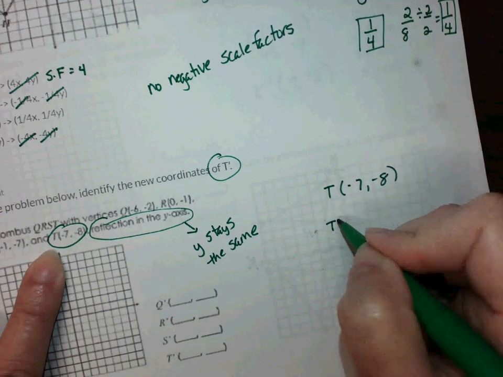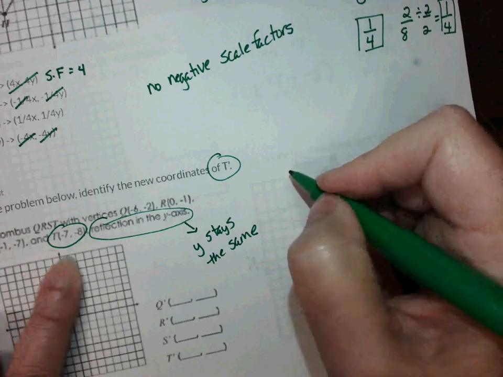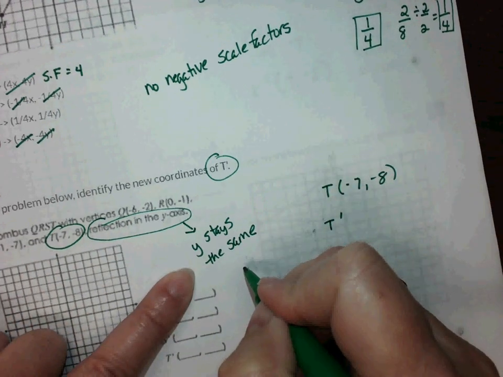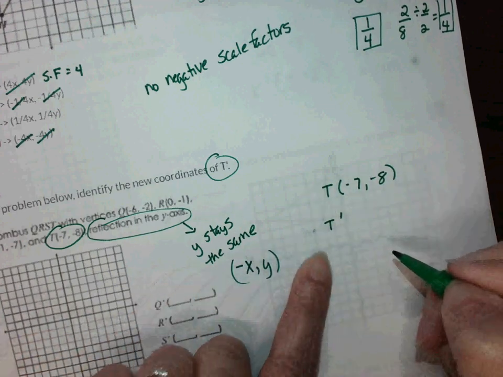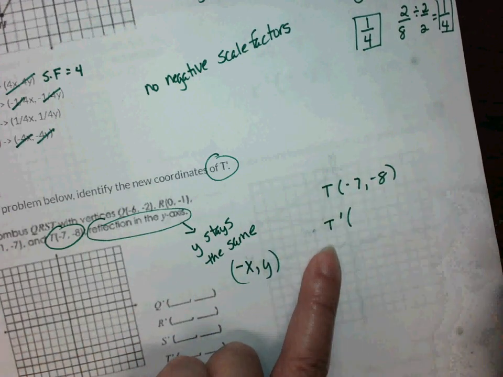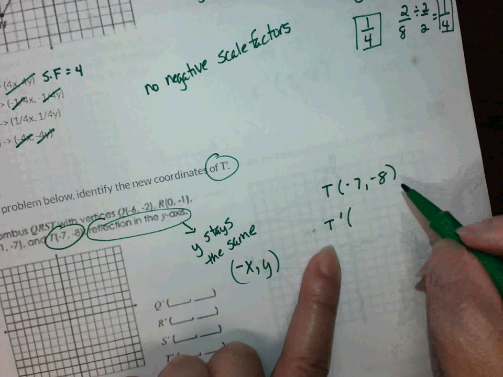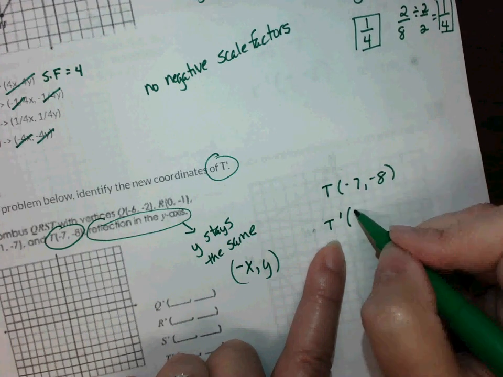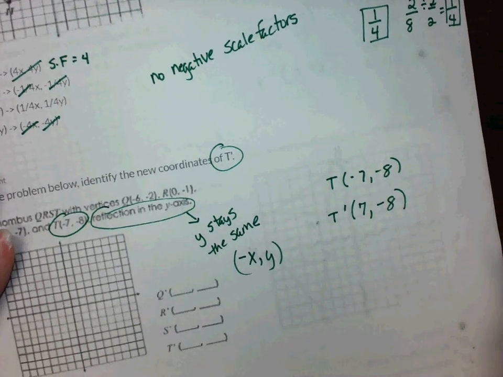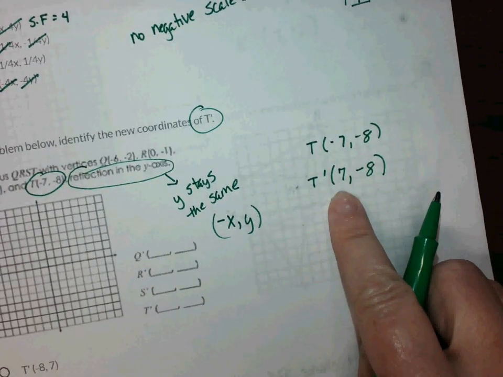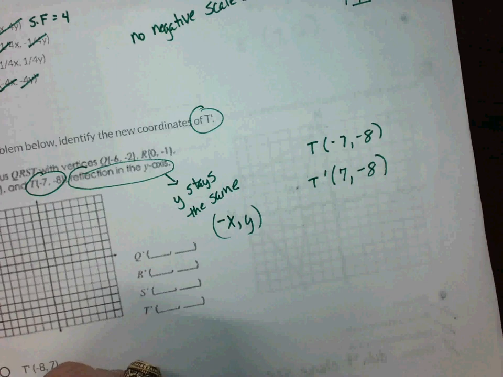T prime, remember your rule would be that the y stays the same, the x goes negative. So this is my rule. When I say the x goes negative, I mean it has to change signs. So the x has to change to a 7, and the y stays the same. So that would be right here.